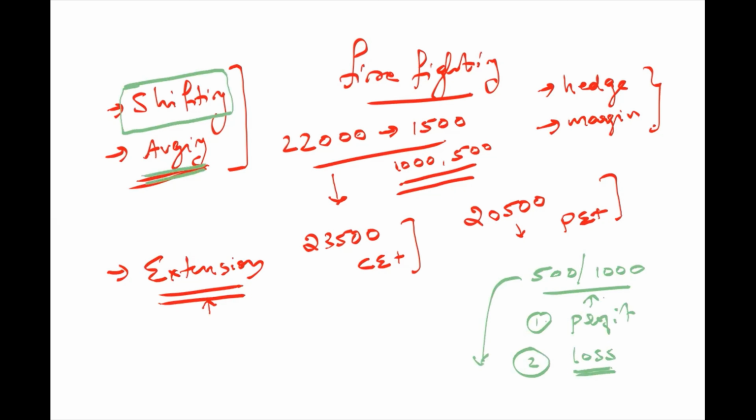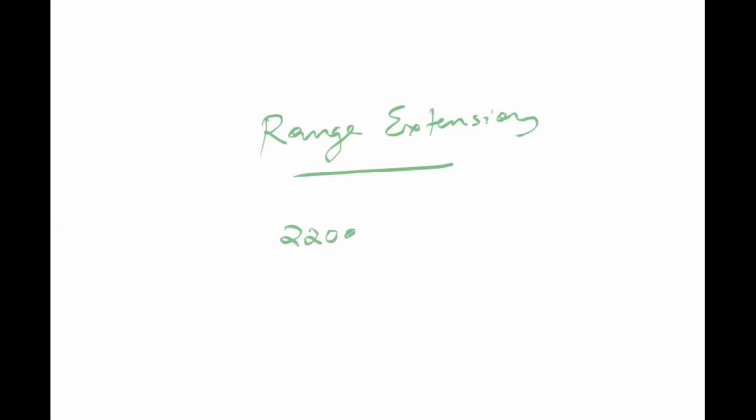Now here we are going to discuss another strategy where you can extend the range. You can name it range extension. If you see here, 22,000 is the straddle that we are sitting with, and we have collected a premium of 1,500, which means we have a break-even of 1,500 points.